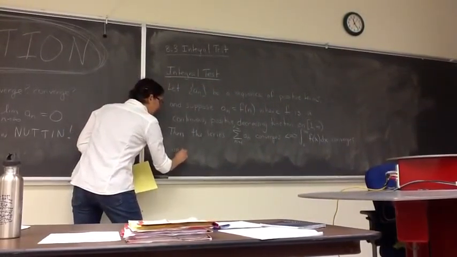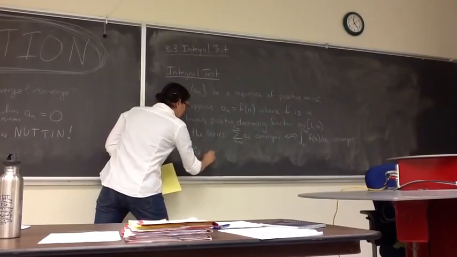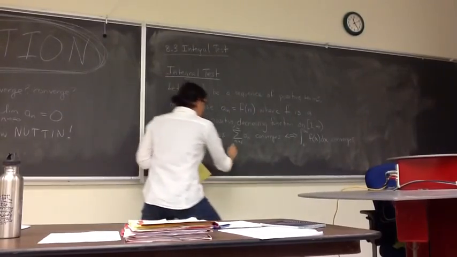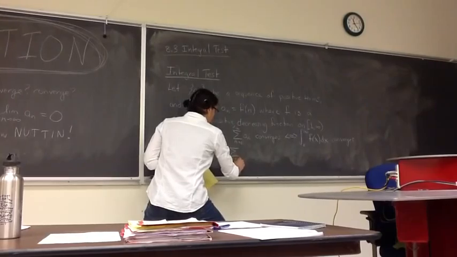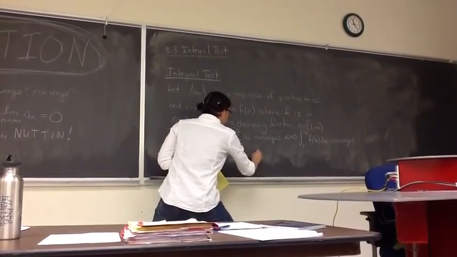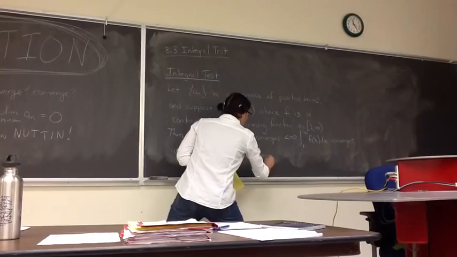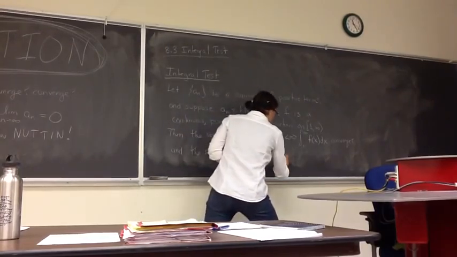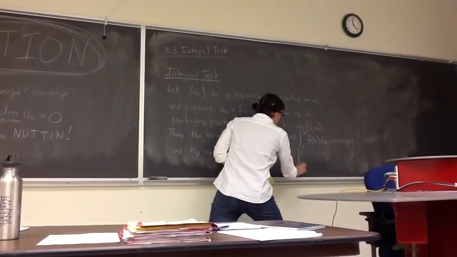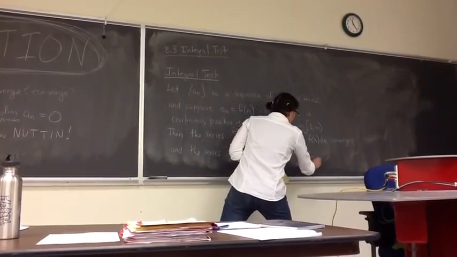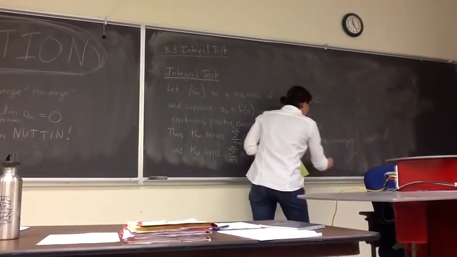And the series, same series, sum where n goes from 1 up to infinity of an, diverges if and only if the integral from 1 to infinity of f of x dx diverges.